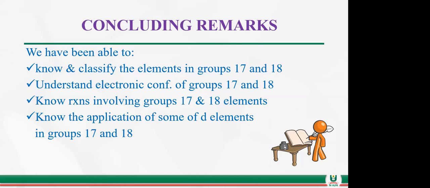The first one is fluorine, followed by chlorine, followed by bromine, followed by iodine, and followed by astatine. And we said astatine is almost purely metallic because of the position it occupies, and it has high radioactivity. And we have also talked about the fact that we need to know the usefulness and the application of each of these group 17 elements, because all of them find relevant application in our daily life.